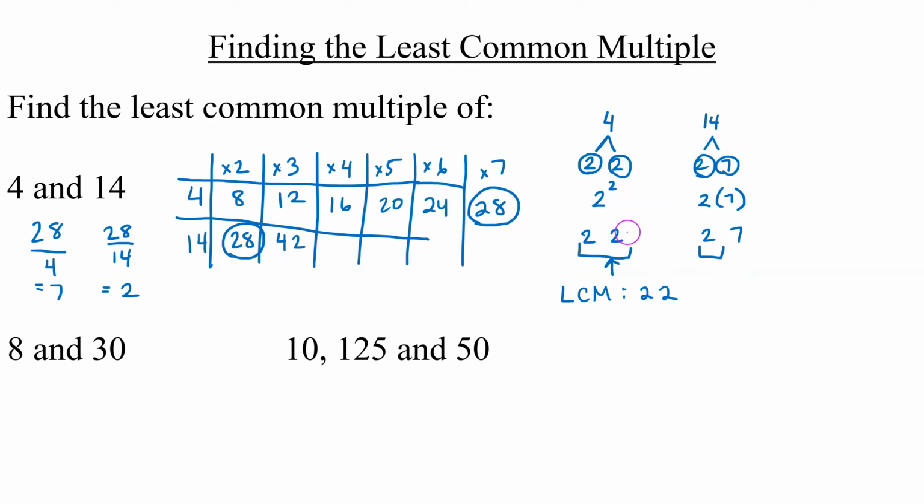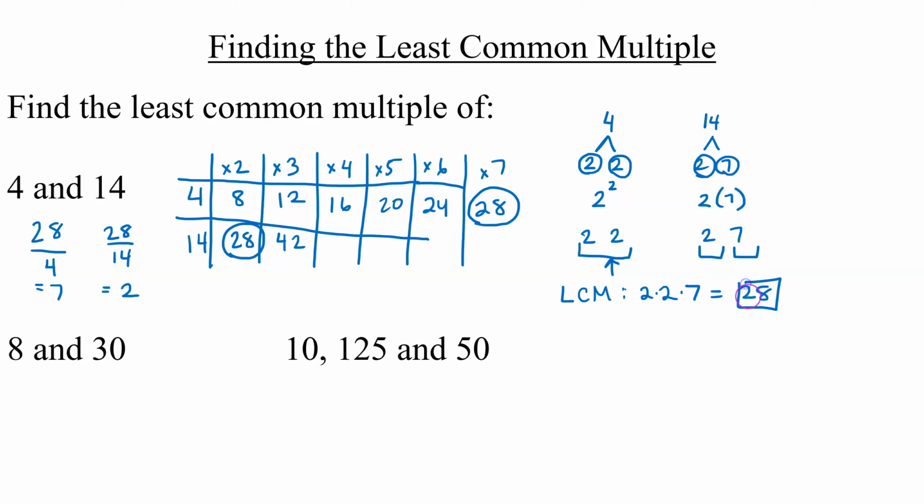And then there's no 3's, there's no 5's, but there's a 7. 14 has 1 7 as its prime factor. 4 doesn't have any 7's, so we're going to take the greater number. 1 7 is greater than no 7's. So 2, 2, 7. And you're going to multiply these numbers together. 2 times 2 is 4. 4 times 7 is 28.